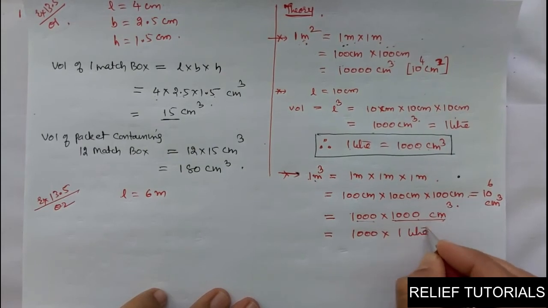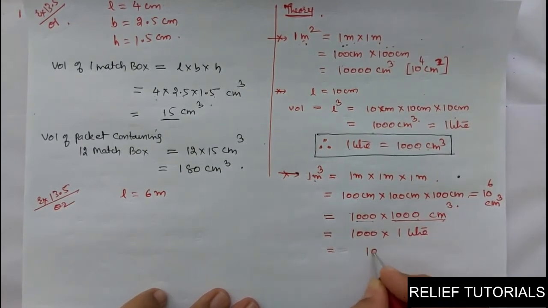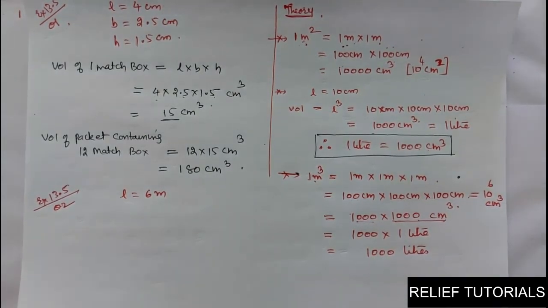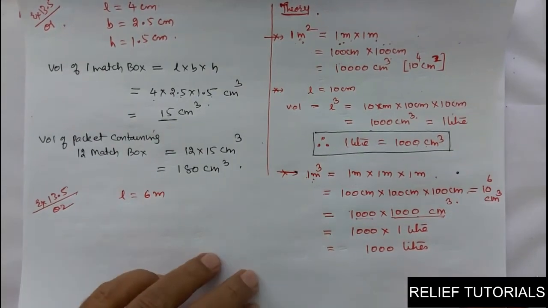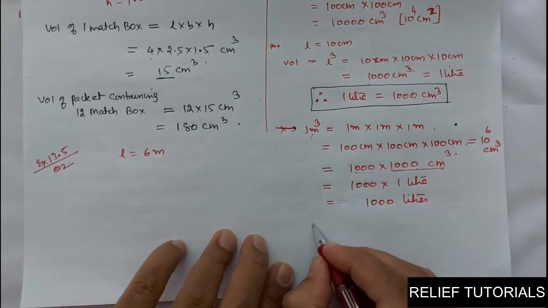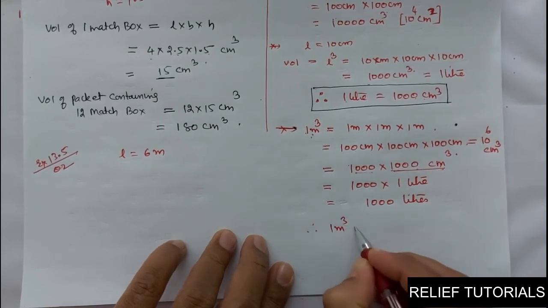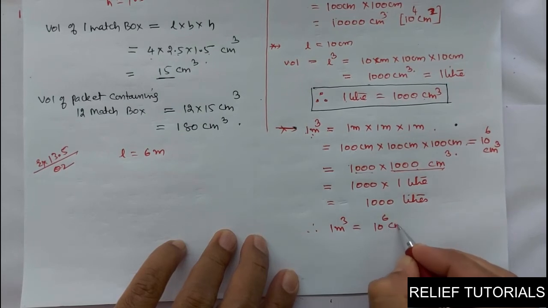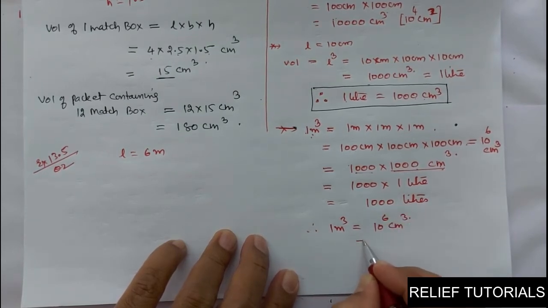So 1000 into 1 liter is equal to 1000 liters. See the conversion. So 1 meter cube is equal to 1000 liters. Therefore, 1 meter cube is equal to 10 raised to 6 centimeter cube, and 1 meter cube is equal to 1000 liters.